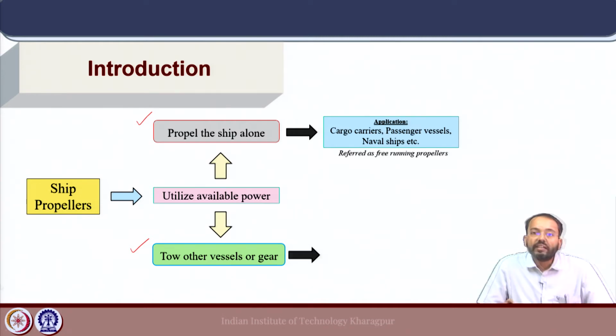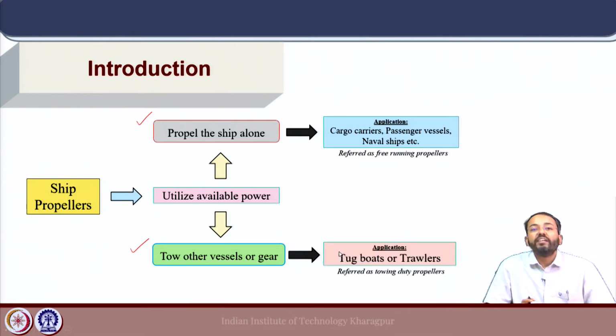The other application, which is for towing other vessels or gears, finds its application for special kinds of vessels like tugboats or trawlers, where these vessels are used to tow other vessels. That means the power which is installed for these particular vessels is used both to move that vessel forward along with an additional towing duty.